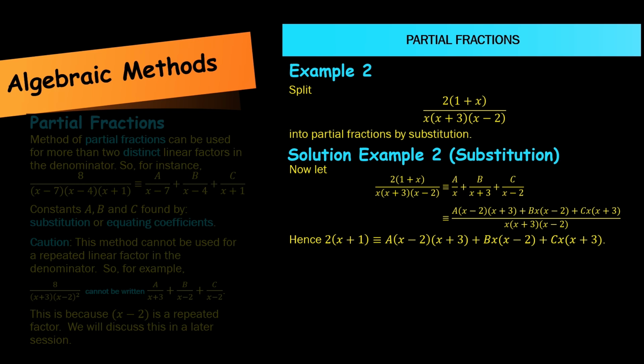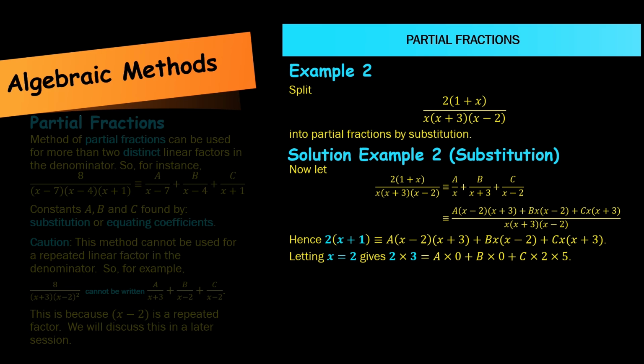We can now say that the numerator on the left-hand side is identical to the numerator on the right-hand side. And now let's plug in particular values of x in order to find the values of a, b and c.